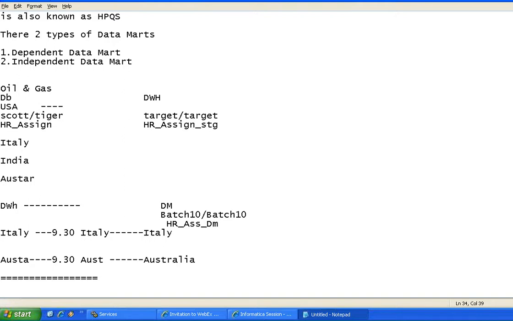All the three are in different schemas and the tables are also different. It's too early to discuss this much in depth, but you'll understand when we go into the data session. Just for the time being, understand that a data mart is something that we are pulling from the entire data warehouse. We are taking it into small components according to the business logic, whatever we want.